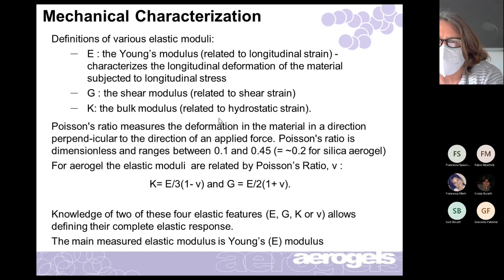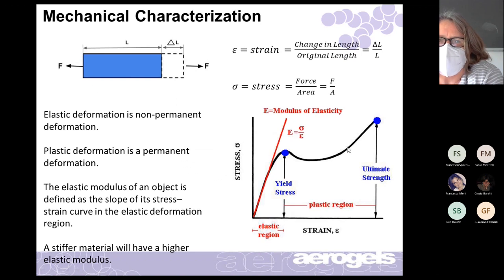Okay, so when we're characterizing something mechanically, here would be a sample, and we pull on it. We're just pulling on it perpendicular to the sample, and it will deflect. It will stretch out in some way.